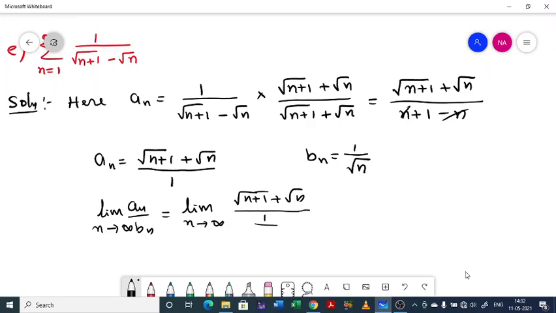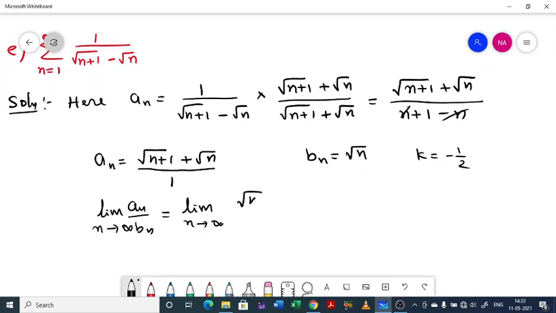Oh yes, I forgot, sorry. You have to choose bn to be root n only, correct? I confused here. I had to take k equal to minus 1 by 2 only, same as the previous problem. Otherwise we don't get it.